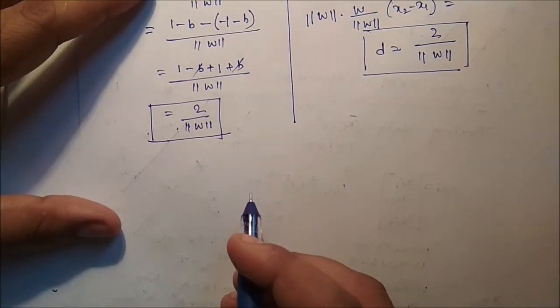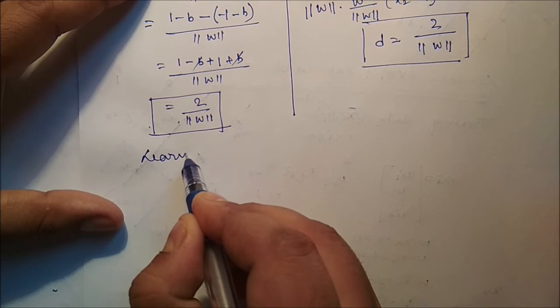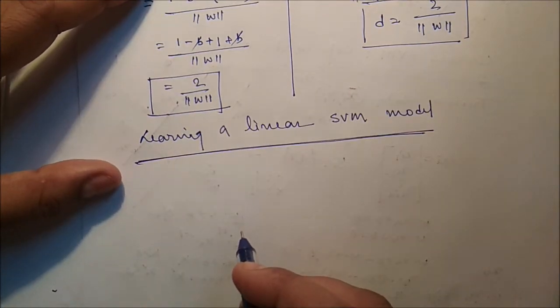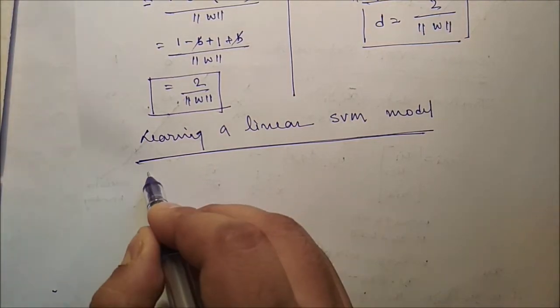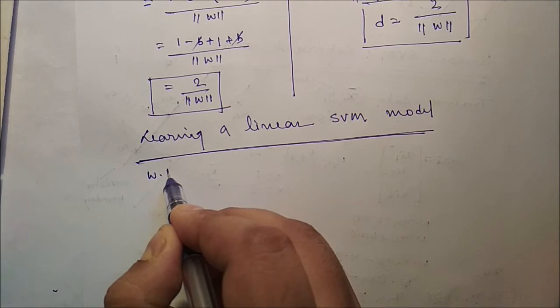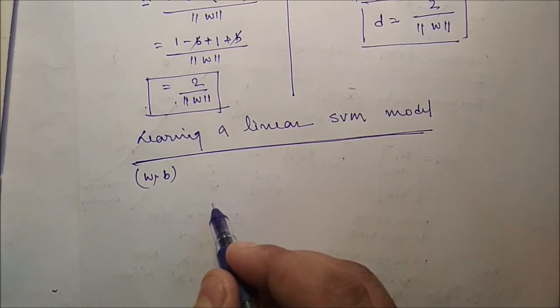Next we discuss learning a linear SVM model. For the given data, we have to identify the w and b of the decision boundary from the training data. Now the parameters w and b are selected in such a way that the following two conditions are met.